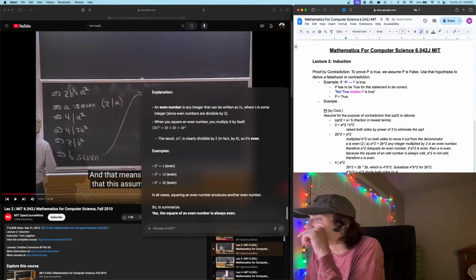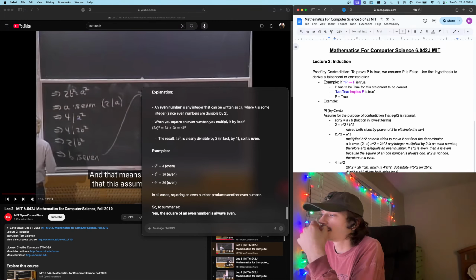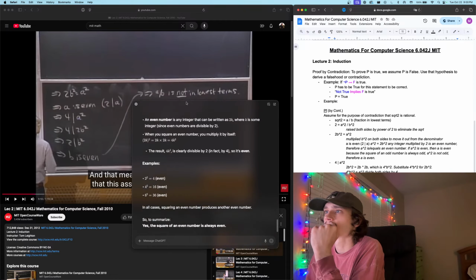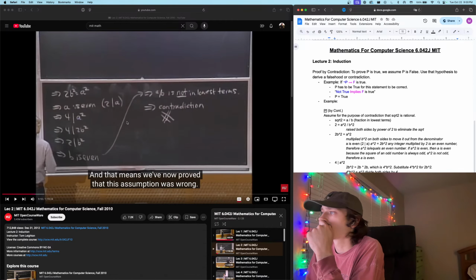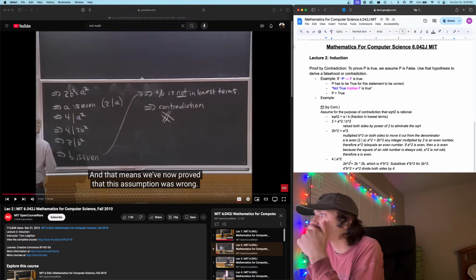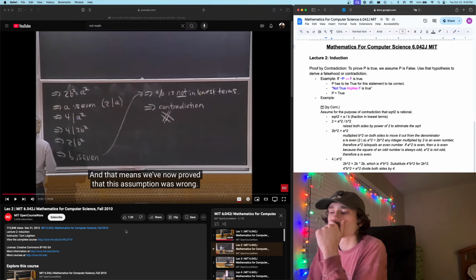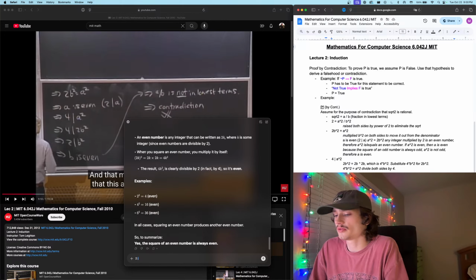And then b is even because 2 divides b. So if 2 divides a, it means a is even.